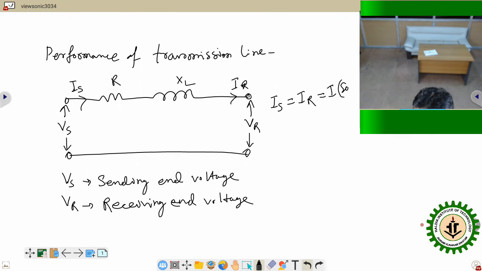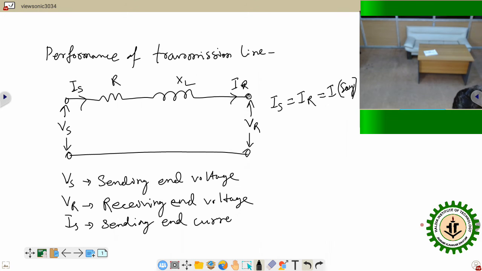That means Is is the sending end current, IR is the receiving end current.